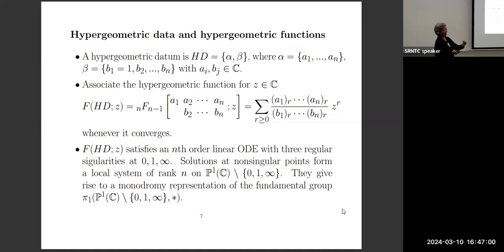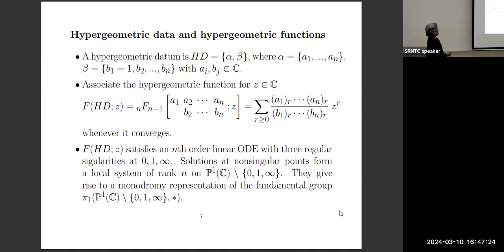So starting from that solution, along this cycle, you get another solution. You can view this as a representation of this cycle, moving from one solution to the other. This is called the monodromy representation of the fundamental group. So this is the story on the complex side, the analytic story.